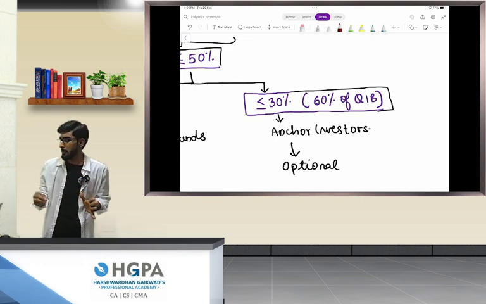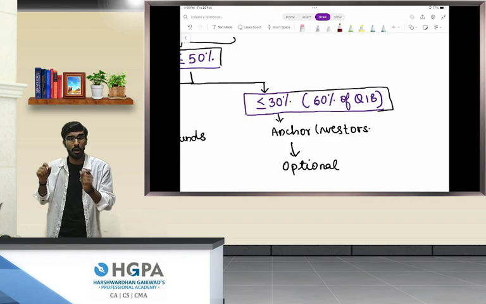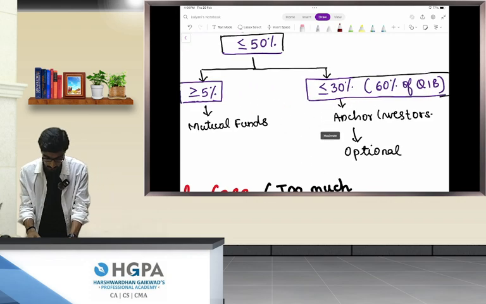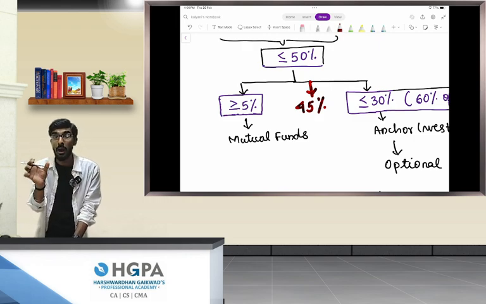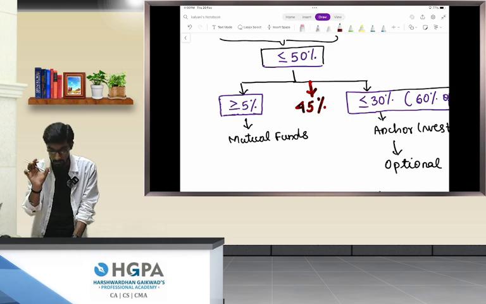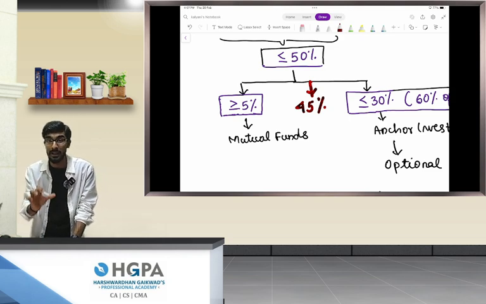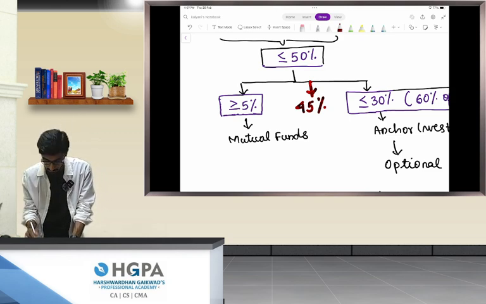Basically, anchor investors are not mandatory. The remaining 45% shares can be given to anybody else, provided they are qualified institutional buyers.